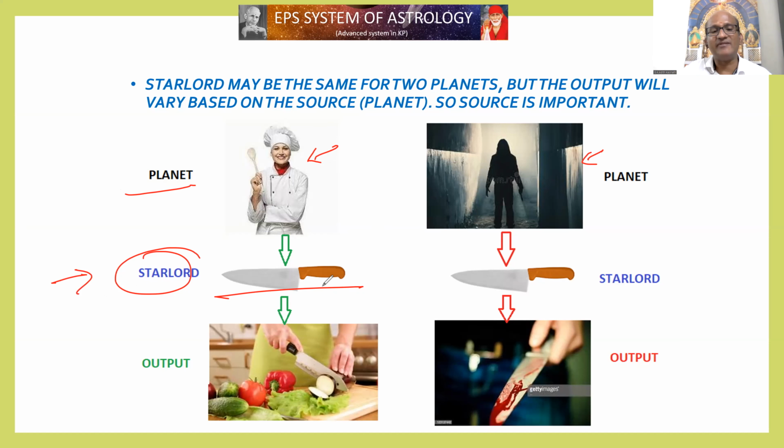Both have the knife in their hand. Both use the Star Lord's knife, and each planet is going to experience what the Star Lord gives. Yes, but the output will be different. One planet will use the Star Lord knife for something else, and this person will use it for something else, right?